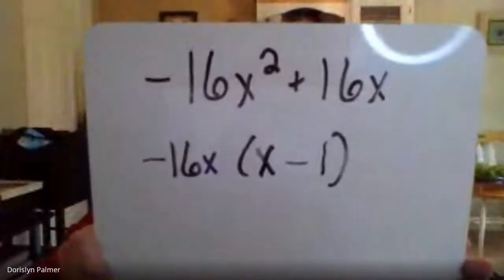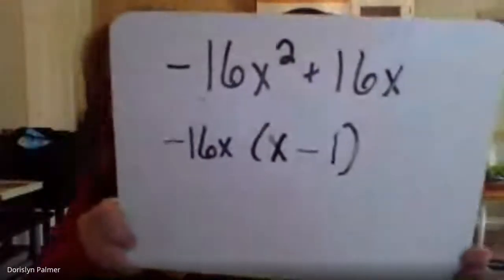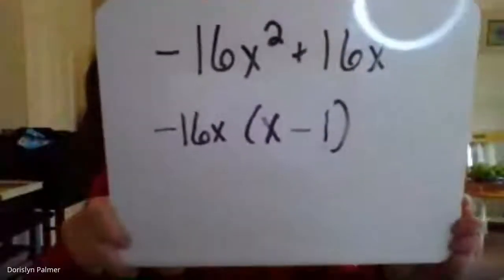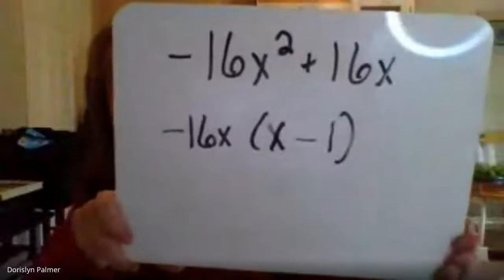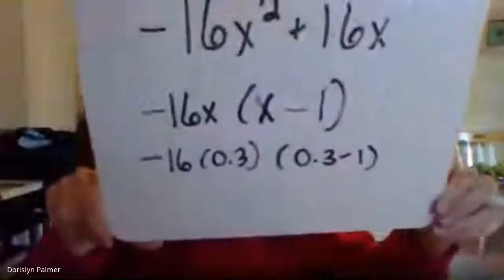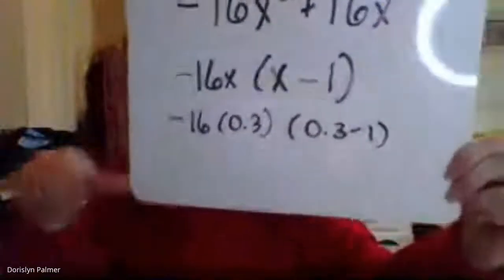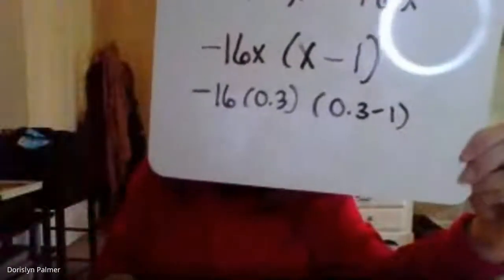Okay, I want you guys, you might want to use a calculator for this part because I'm going to give you a decimal. After 0.3 seconds, tell me how high that football will be. So anywhere you see an x, you're going to fill it in with a 0.3. All right, so you're going to want to use a calculator for that.